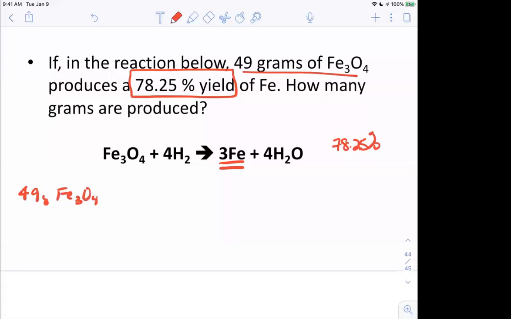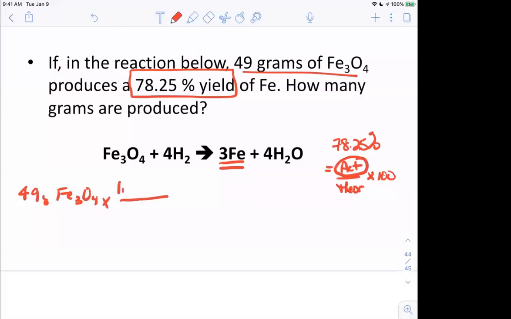I want to calculate the theoretical yield of iron. I want to calculate what I should have gotten, because this is actual over theoretical times 100. I can figure out how much was actually made if I know the percent yield and the theoretical yield. So let's calculate the theoretical yield.